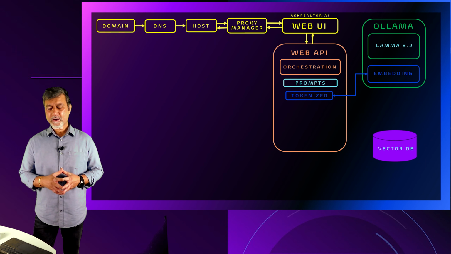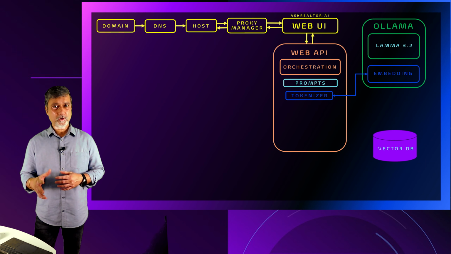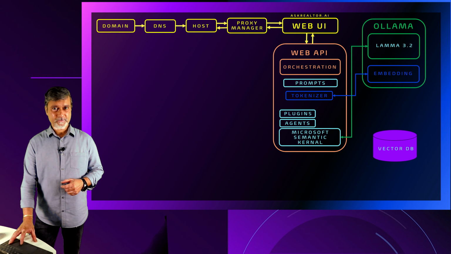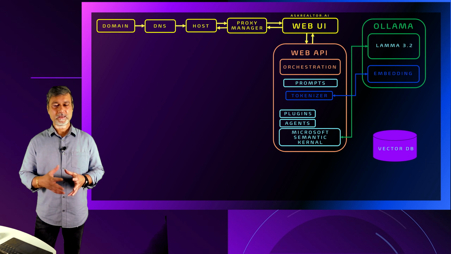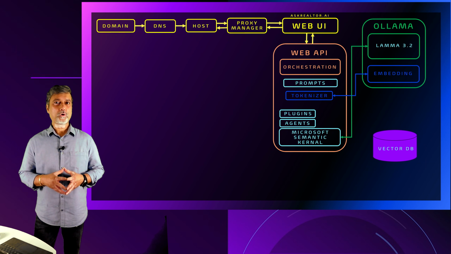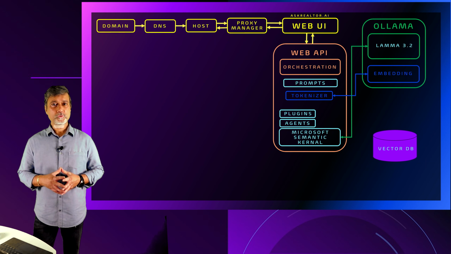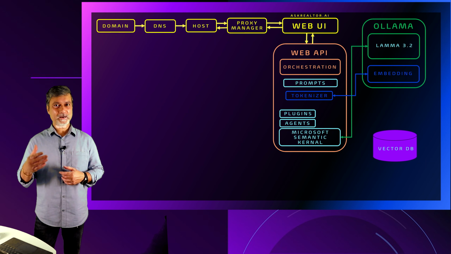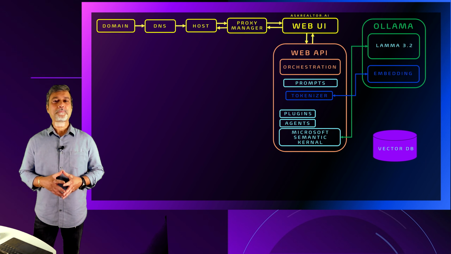I may not be able to use them anyway, because at this moment you can see that Microsoft Semantic Kernel is not supporting Ollama. There is no proper tool support as of now. But I'm sure it's going to come. It is still in a development phase. Eventually, we know it is going to be part of it.